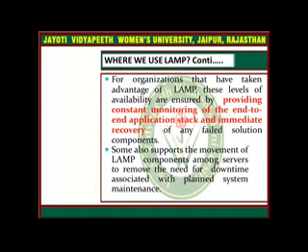For organizations that have taken advantage of LAMP, these levels of availability are ensured by constant monitoring of the end-to-end application stack and immediate recovery of any failed solution components. Some also support the movement of LAMP components among servers to remove the need for downtime associated with planned system maintenance.